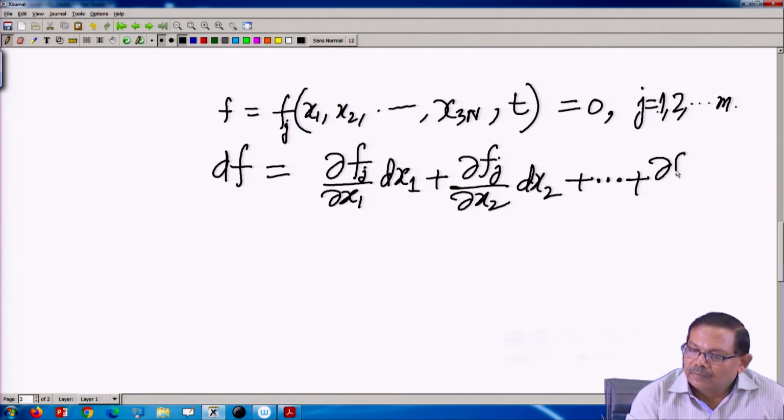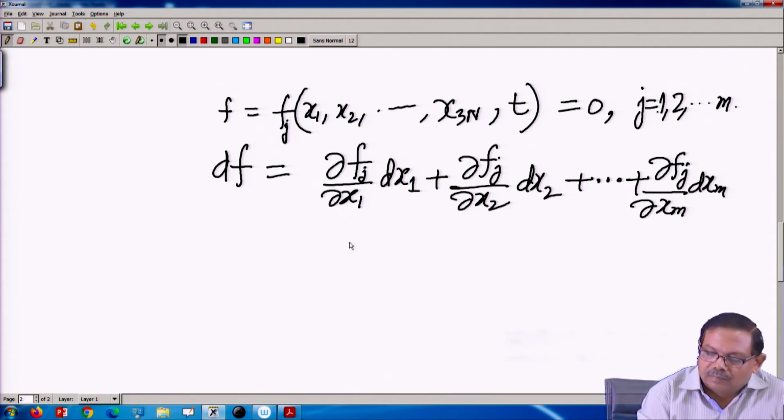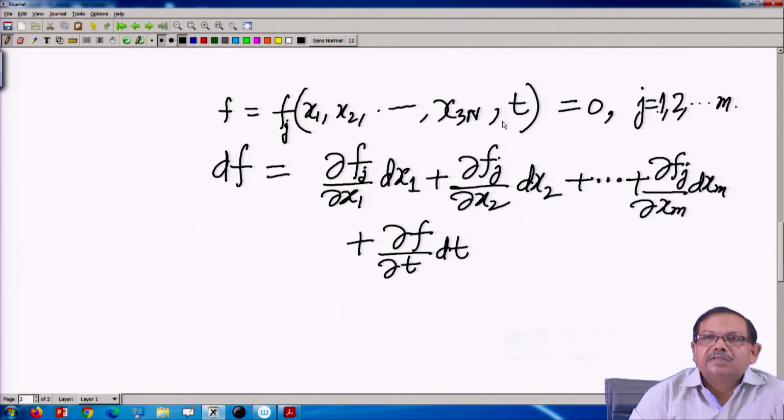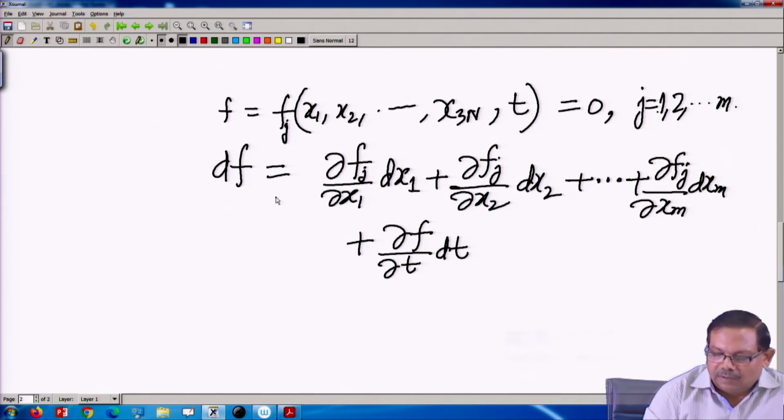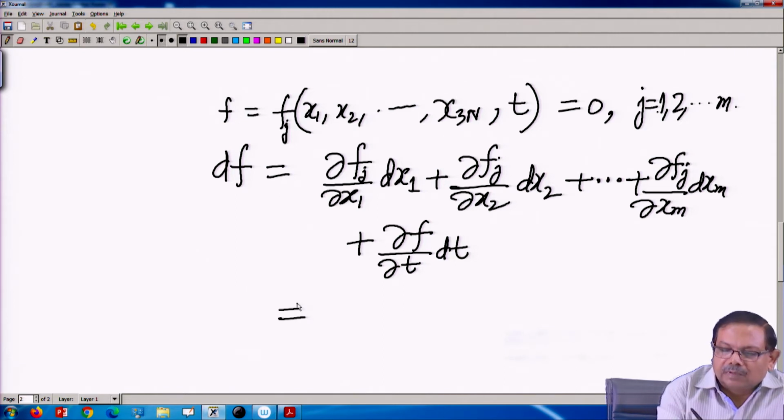So, the derivative of f_j with respect to x_m, dx_m, plus the derivative of f with respect to t, dt, if there is explicit time dependence. This is the total derivative, or the differential.